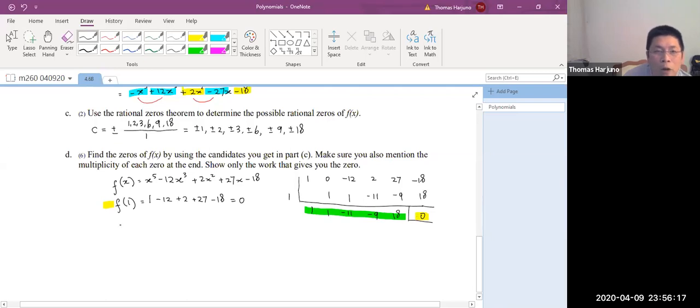So for now, we have f(x) equal to, now because 1 is a zero, then by the factor theorem, x minus 1 is a factor: x minus 1 times x to the 4 plus x cubed minus 11x squared minus 9x plus 18.